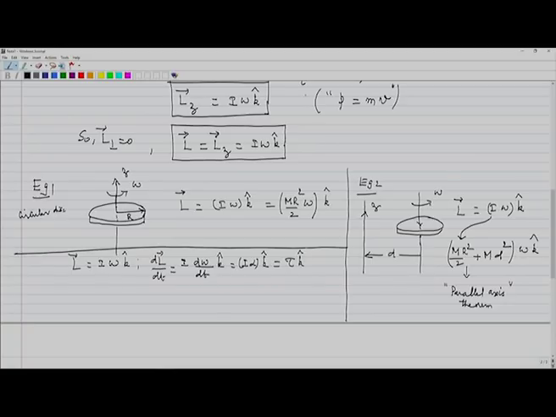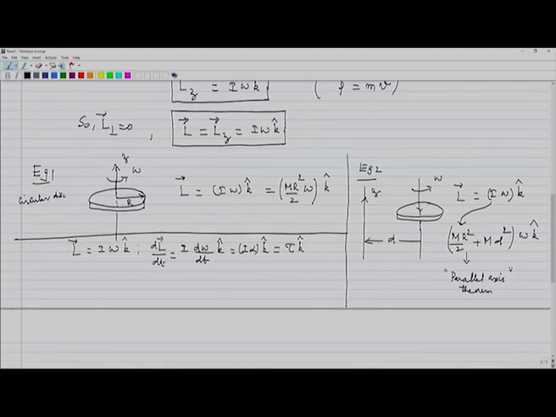Now, since L is equal to L z plus L perpendicular, we get dL z by dt equal to tau times k, and dL perpendicular by dt equal to 0.